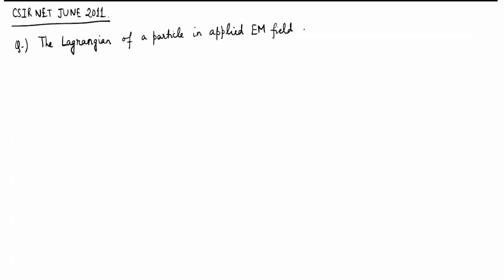This question says the Lagrangian of a particle in an applied, writing in short, electromagnetic field is given by L equals half mv squared plus e A vector dot v vector minus e phi.